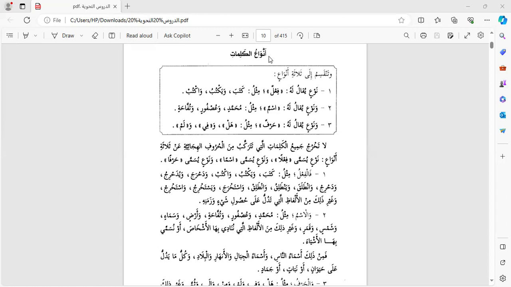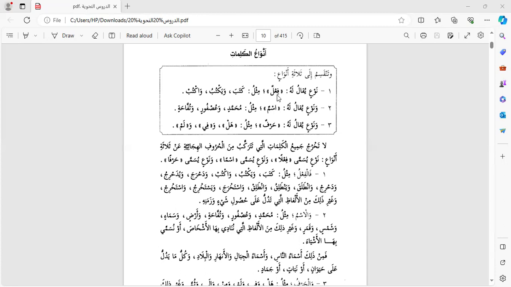We have types of words as in English. فهنا أنواع الكلمات في اللغة العربية هم ثلاثة أنواع. النوع الأول فعل, which means verb, والنوع الثاني اسم, which is noun, والنوع الثالث حرف, which means a letter. This is the literal meaning of the word حرف, but it is not letters actually. Inshallah, we are going to go through each one of them in detail. Till now, those are the three types of words.